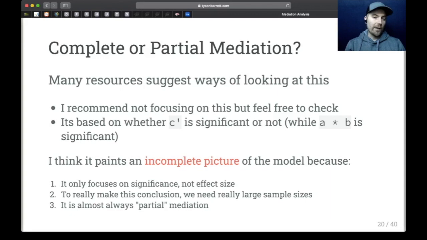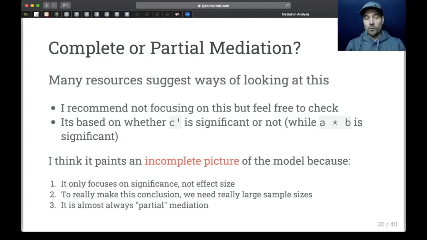It's always based on whether C prime is significant or not, while the indirect effect is significant. But the issue with it is that it paints an incomplete picture of the model, because if I just say yes, there was complete mediation, one issue with that is it's just looking at the C prime path and saying if it's significant or not.